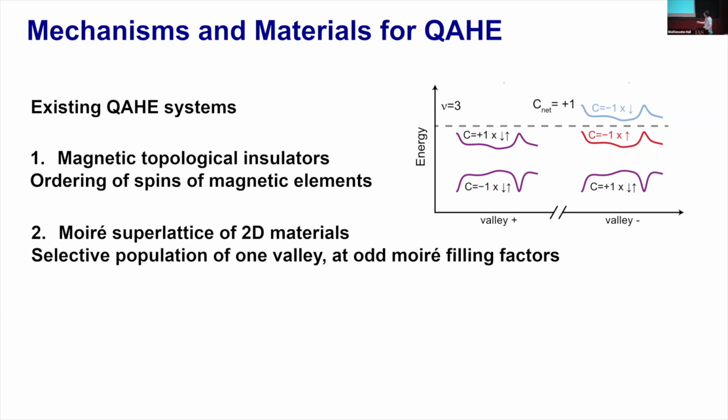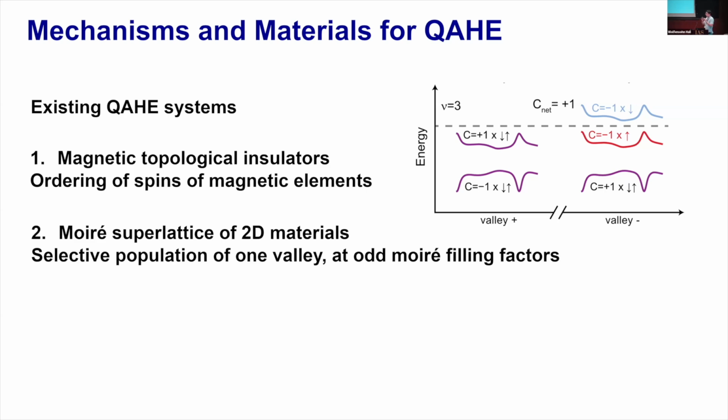It's a different magnetism from the magnetic TI. It doesn't rely on the ordering of spin of magnetic elements. And it's also very different from the quantum anomalous Hall effect observed in 2D moiré superlattices. If you're familiar with the literature, what happens in the moiré superlattice is that you get these moiré mini bands that carry Chern number, where the opposite valleys K and K prime carry opposite Chern number.